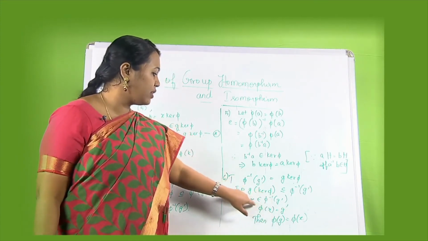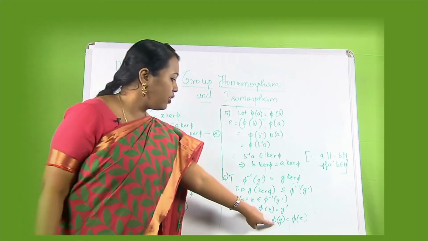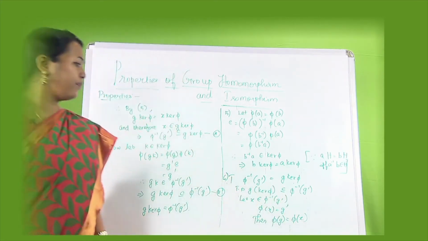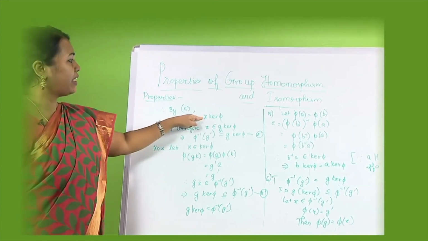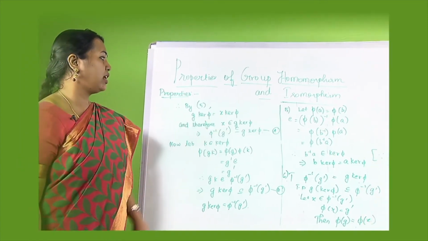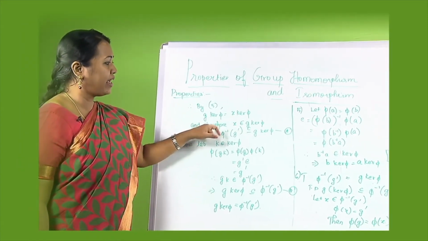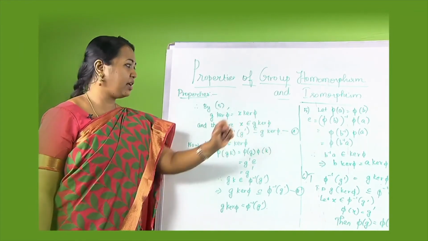This is because phi inverse goes here, and therefore phi of x is equal to G dash. Then phi of G is equal to phi of x, and therefore by the fifth property, G kernel phi is equal to x kernel phi, and therefore x belongs to G kernel phi. We have now proved that phi inverse of G dash is a subset of G kernel phi. Take this as equation number A.